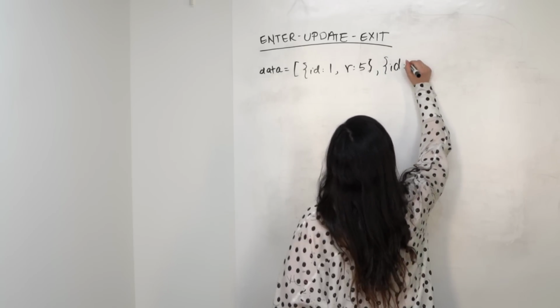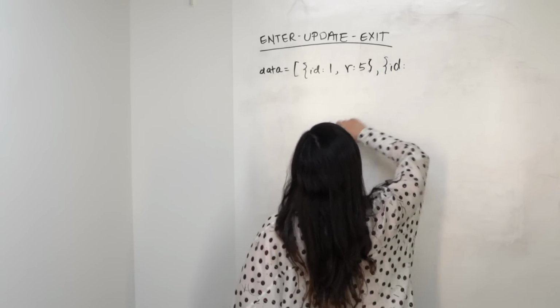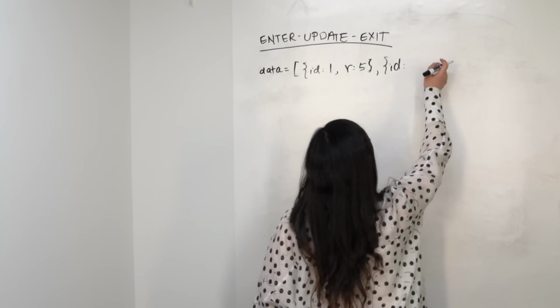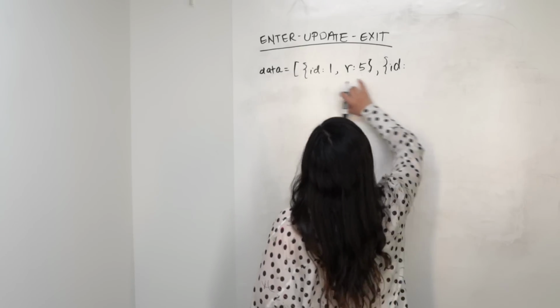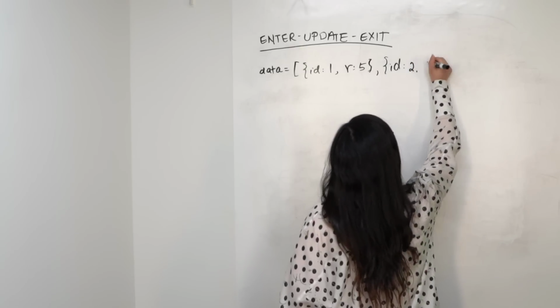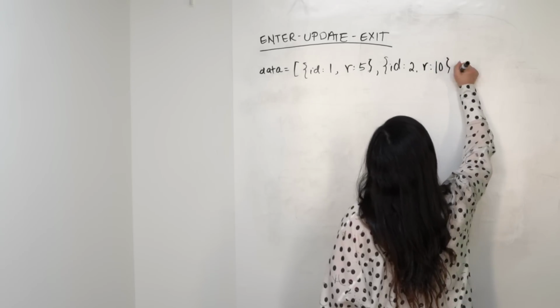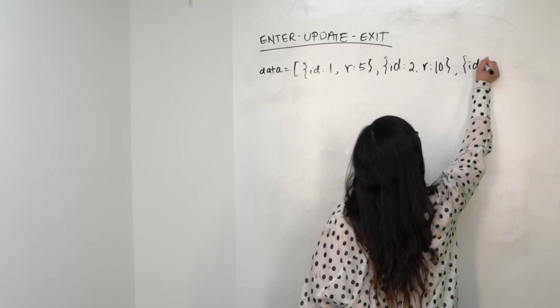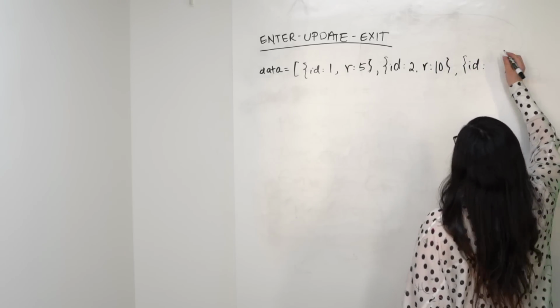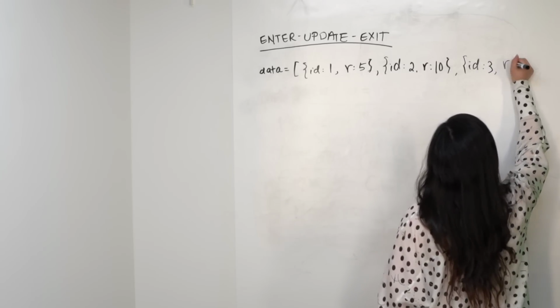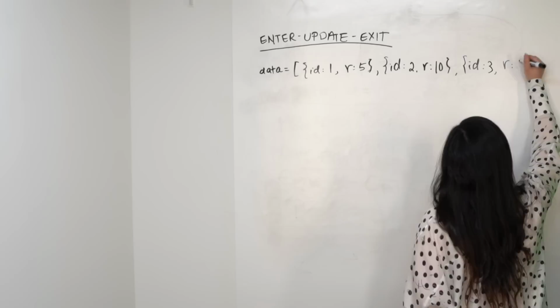Let's say I want to draw 3 circles and I want to map my data to that. So this is my data, and I'm just making things up right now. My data is an array of 3 objects, and each object has an ID and a radius number.